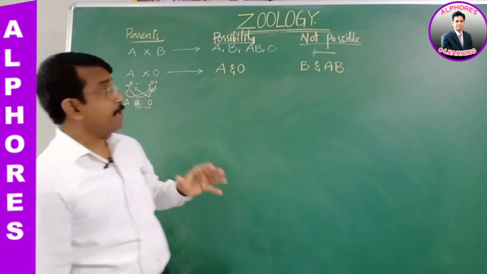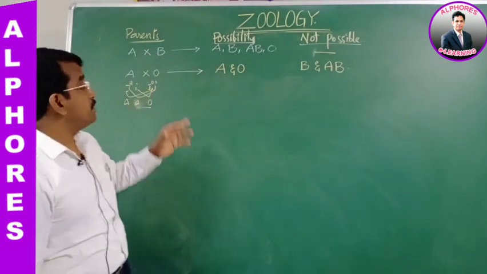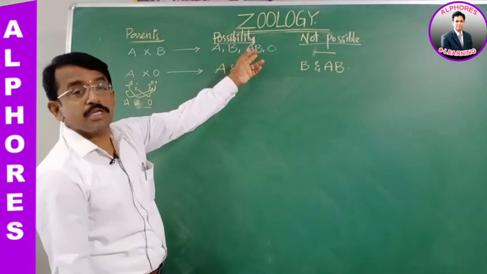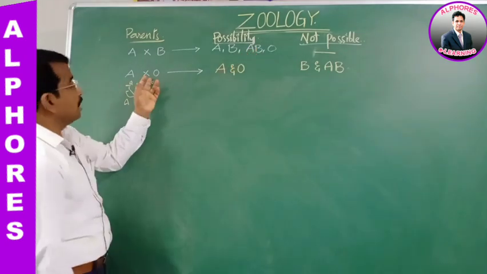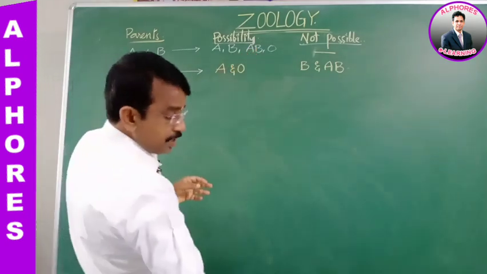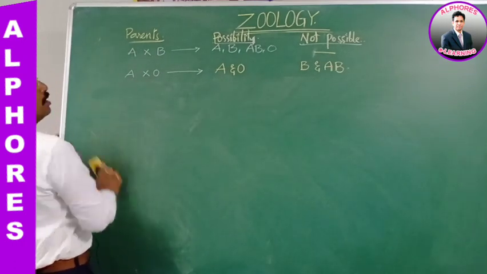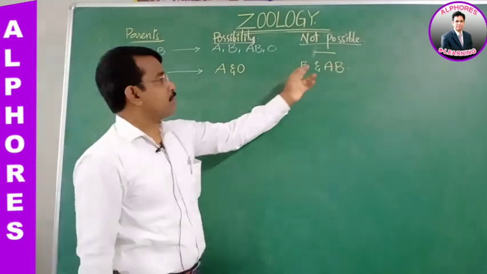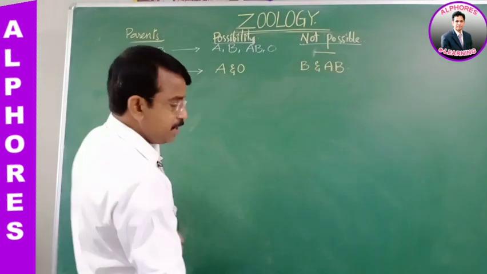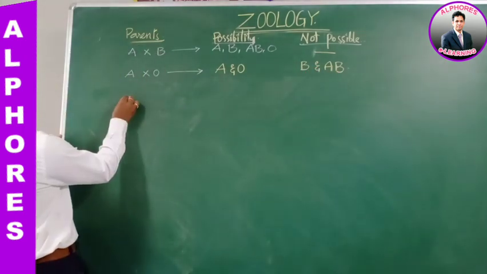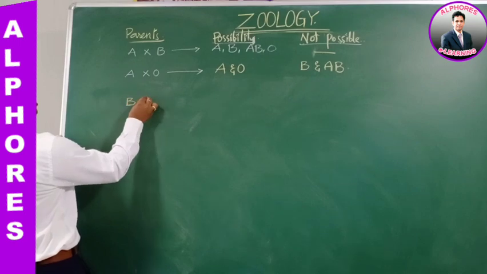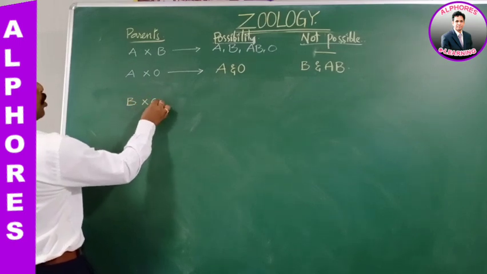So if the parents are with A and B heterozygous status, the AB is possible. But here there is no such condition. So for A and O parents, what possible blood groups are seen? A and O. What are not possible? B and AB. In the same way, let us see if the parents are with B and O.